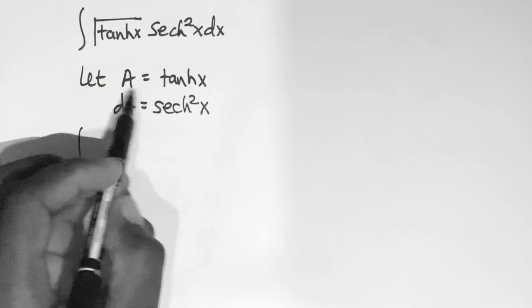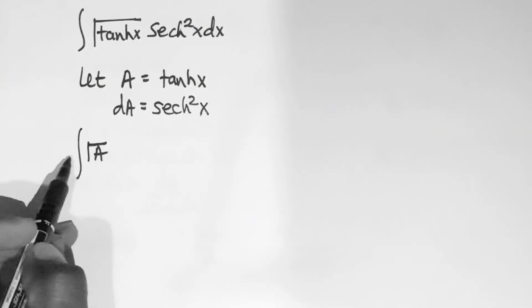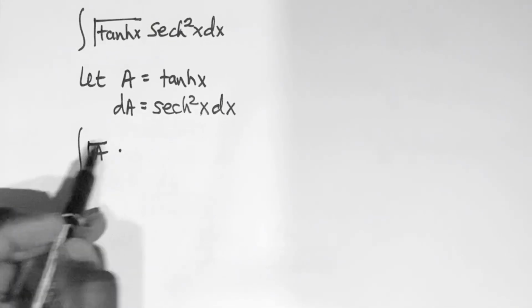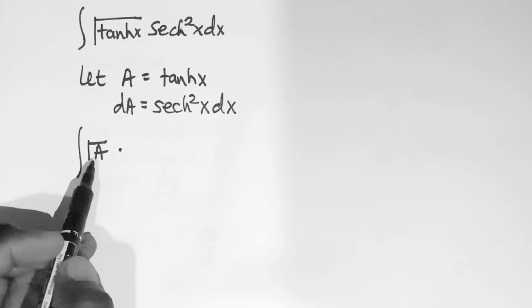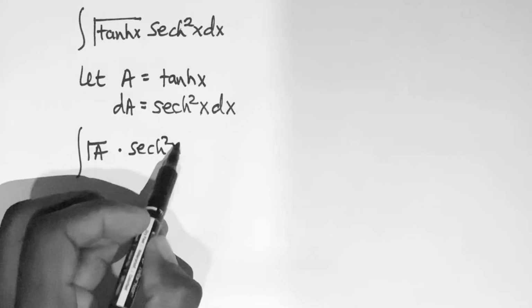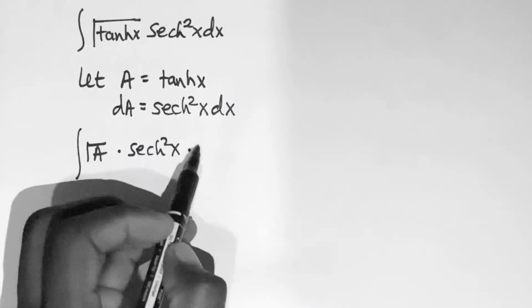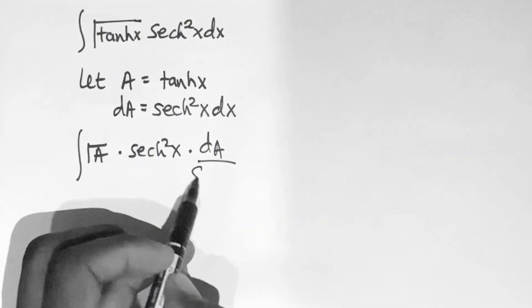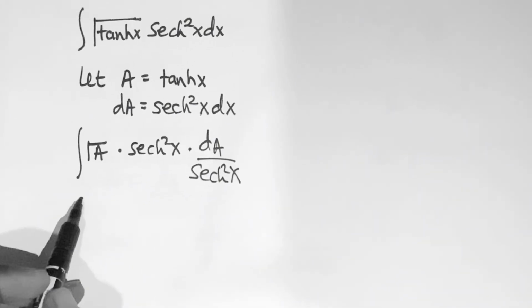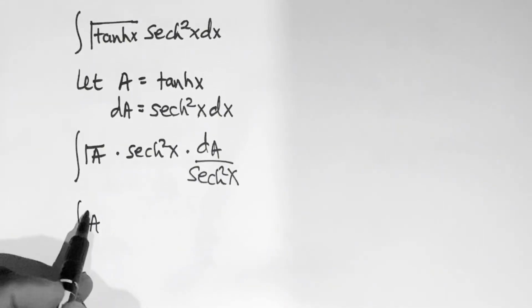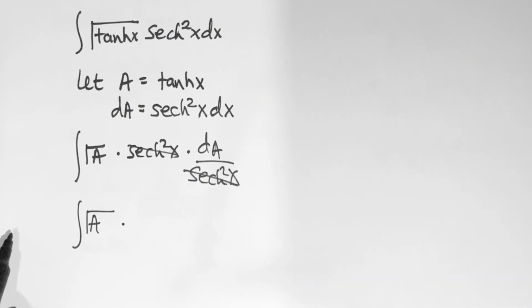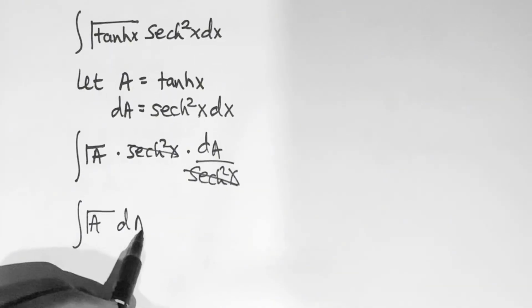Square root of tan x becomes square root of A. And then times sec squared x. But dx is equal to dA divided by sec squared x. So this becomes integral of square root of A, then times this sec squared x and sec squared x will cancel out. So square root of A dA.